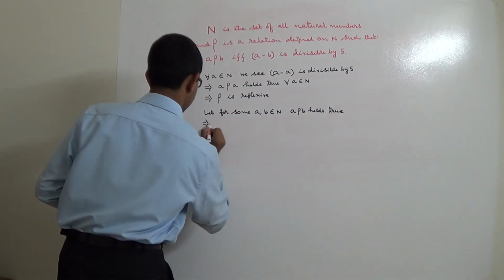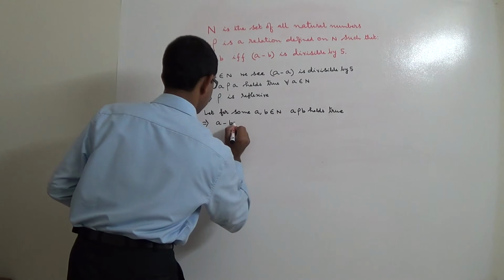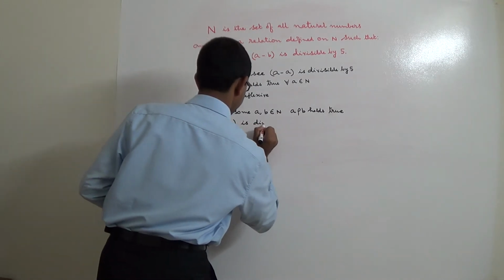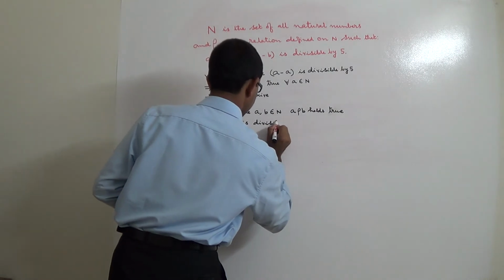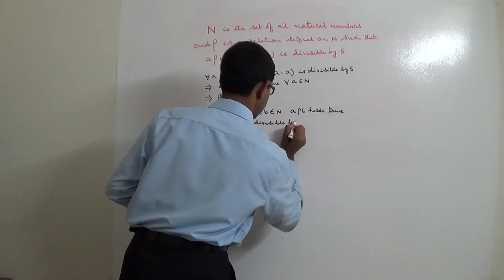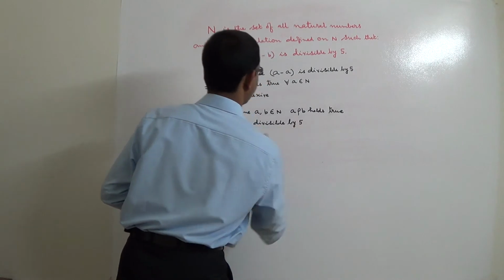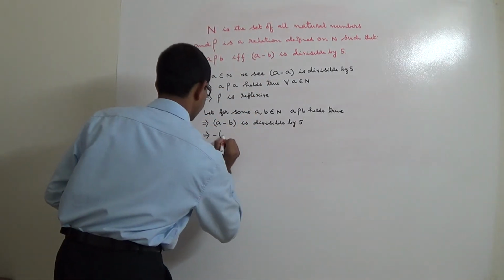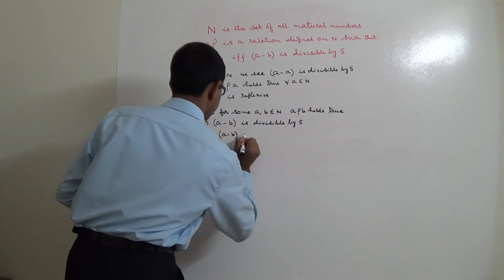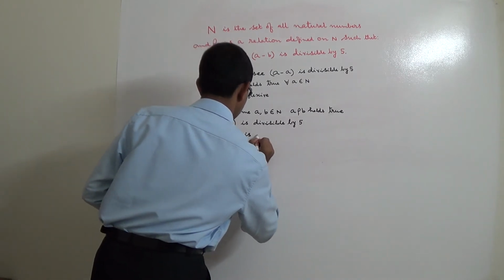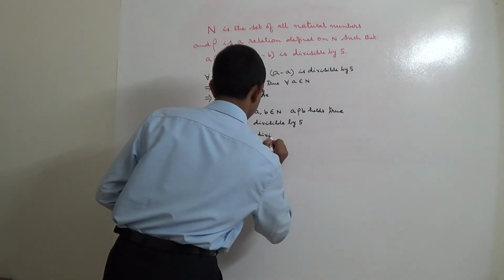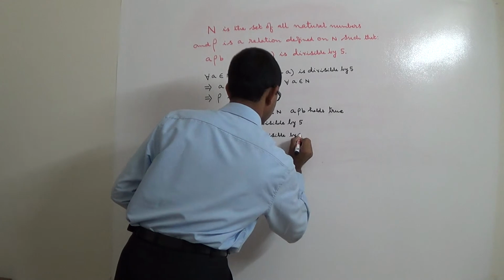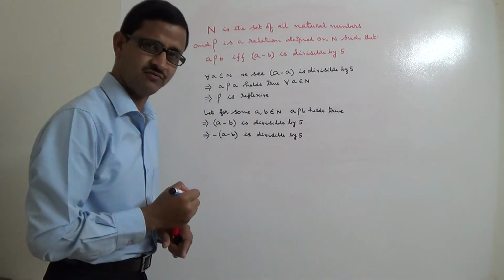This implies A minus B is divisible by 5. That implies minus of A minus B is divisible by 5. Obviously, it is quite obvious.